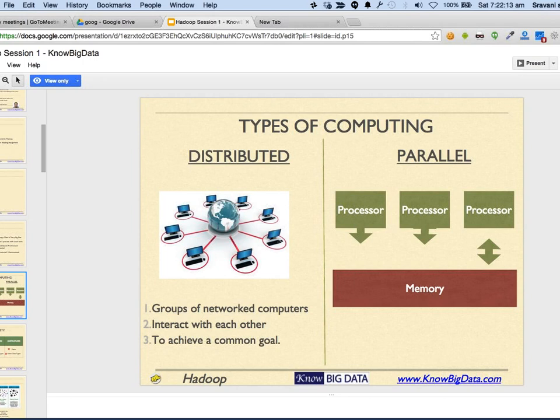For a great parallel computing environment, you need specially built computers, while for distributed computing you don't require specially built computers. You can connect your usual computers to a network and then start getting your work done. The only special thing you require in case of distributed architecture is the software. The software should be capable enough to distribute the work across the cluster.